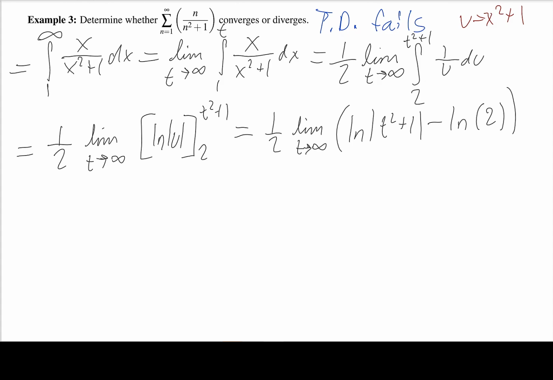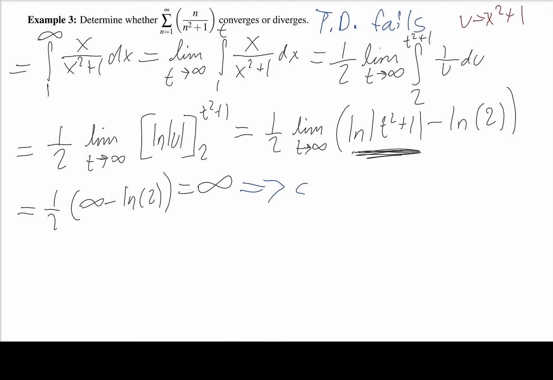And so here, this part will be going to infinity, so we're going to get 1/2 infinity minus ln 2, which will give us infinity. And so this tells me that the sum also diverges.